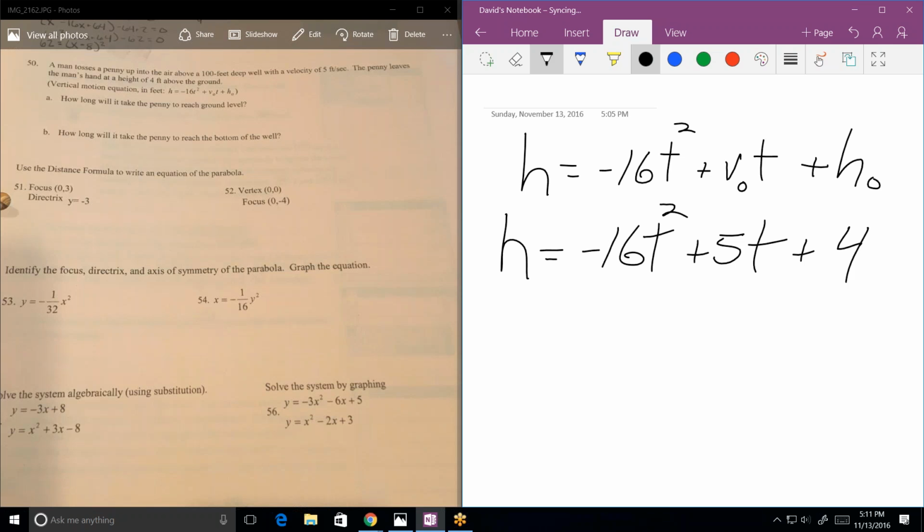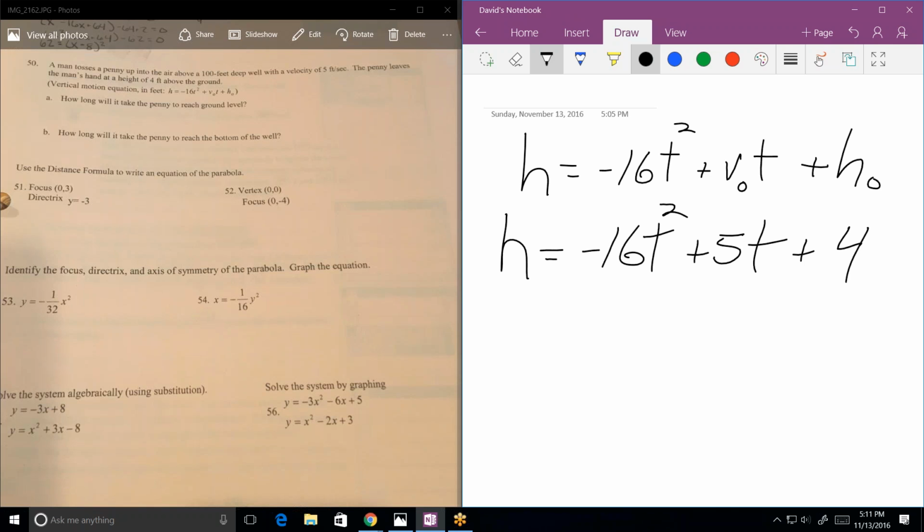What's the height going to be when it reaches the ground? 100 feet? No, it's a 100-foot deep well, but it's not asking you how long it'll take to reach the bottom of the well.